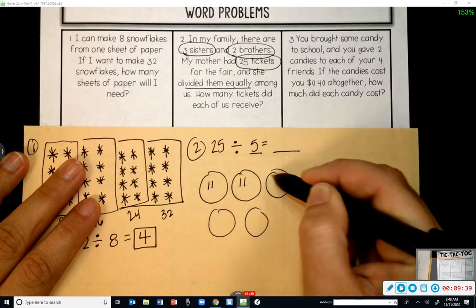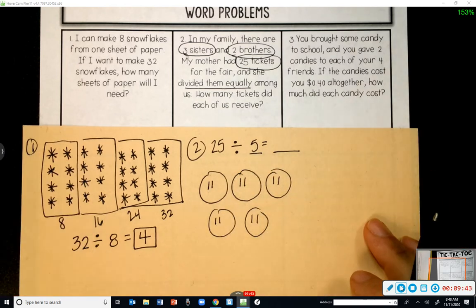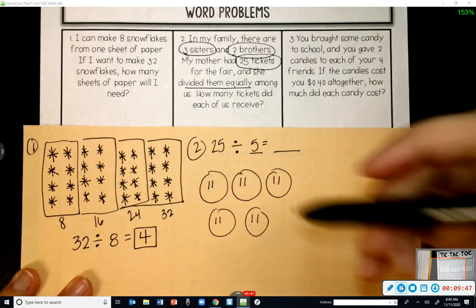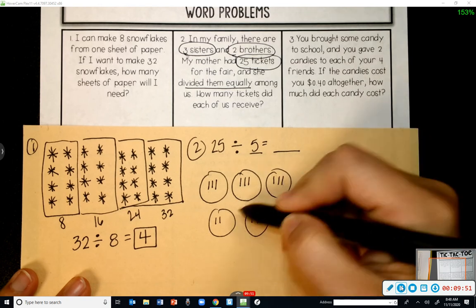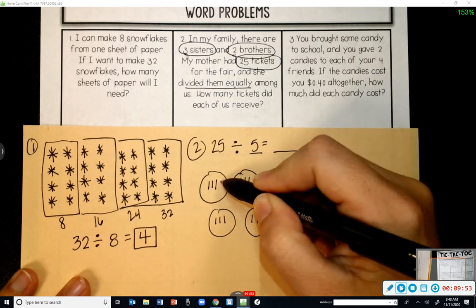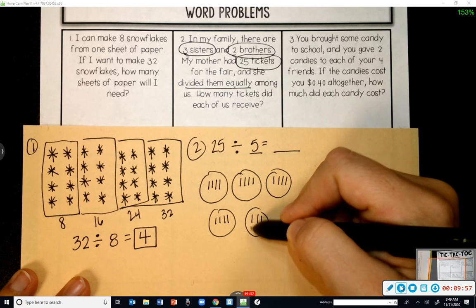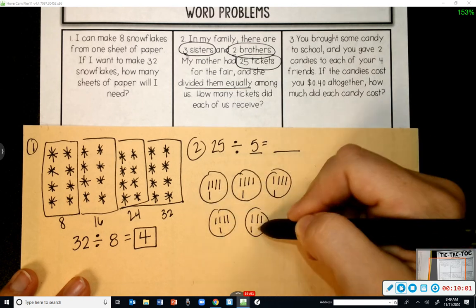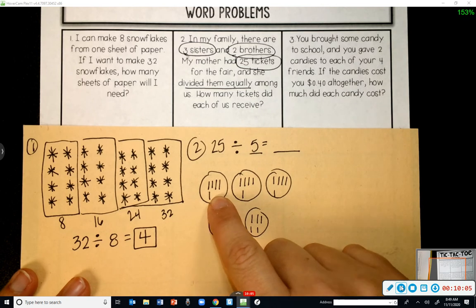I'm going to go ahead and put 2 in each because I know I got to get up to 25, so I'm going to just start with 2. 2, 4, 6, 8, 10. So now it's 11, 12, 13, 14, 15, 16, 17, 18, 19, 20, 21, 22, 23, 24, 25. And we ended up with 5 in each group.